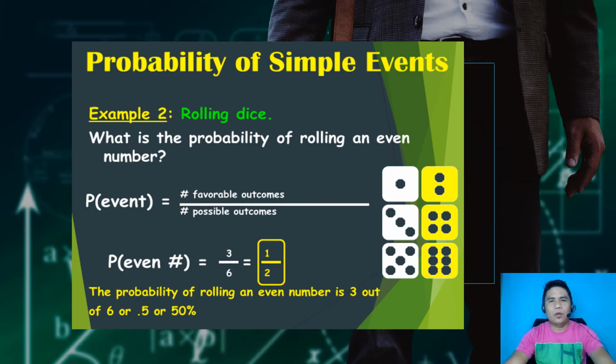Now, 3 over 6. There are 3 favorable outcomes, then the possible outcomes are 6. That's the total outcomes. So you have 1/2 as its probability. The probability of rolling an even number is 3 out of 6 or 0.5. That means 50%.